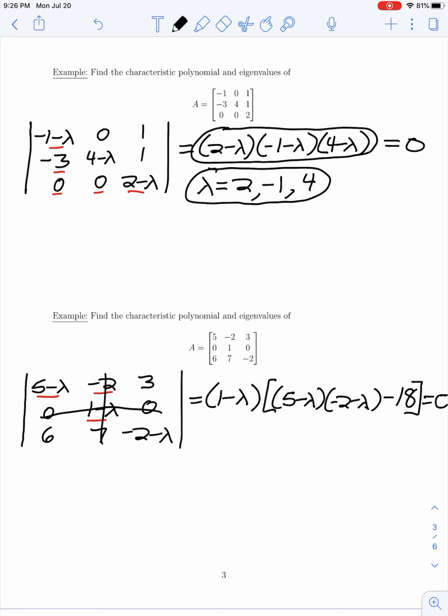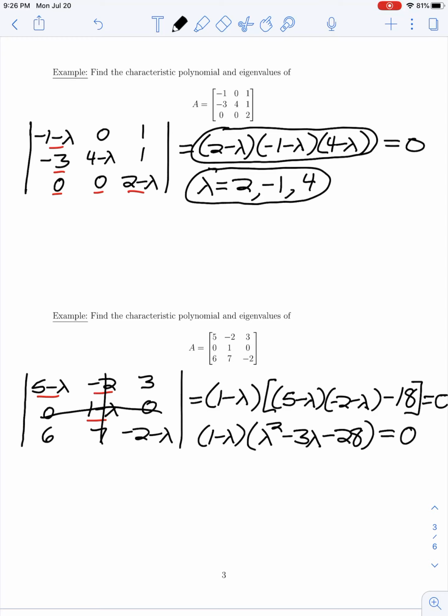So expanding within our set of square brackets, we have 1 minus lambda times positive lambda squared minus 5 lambda plus 2 lambda would be negative 3 lambda. Then minus 10 minus 18 is negative 28, is equal to 0.